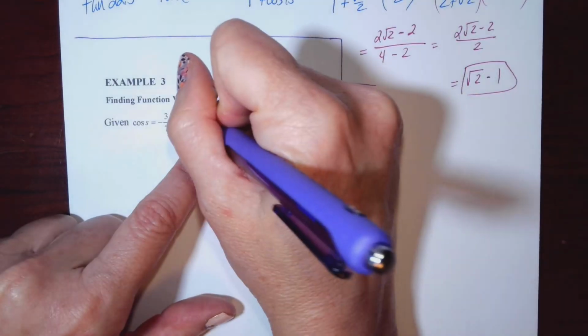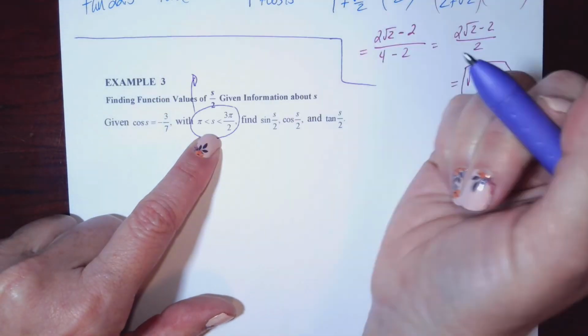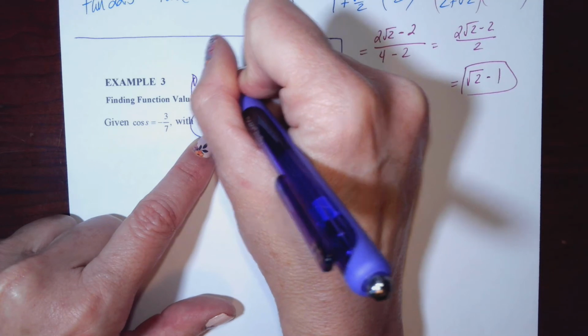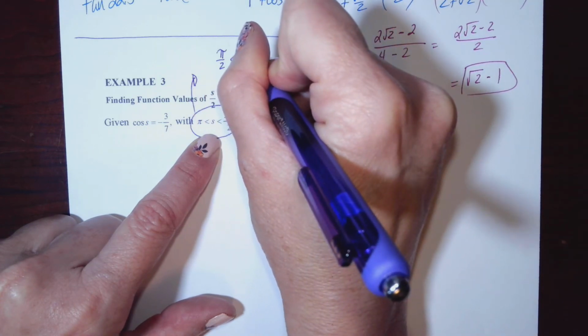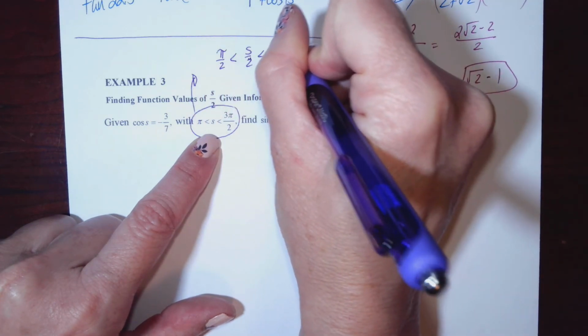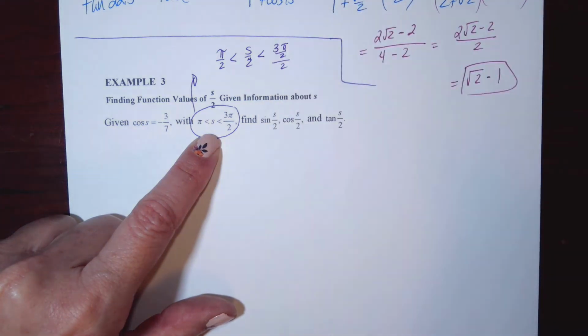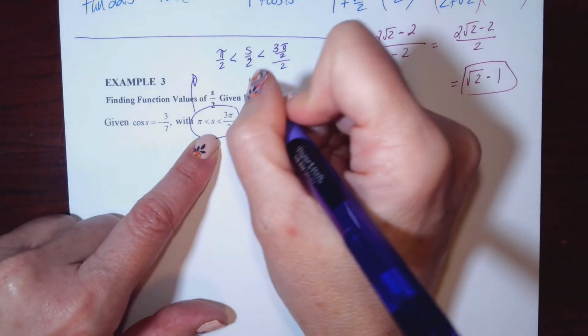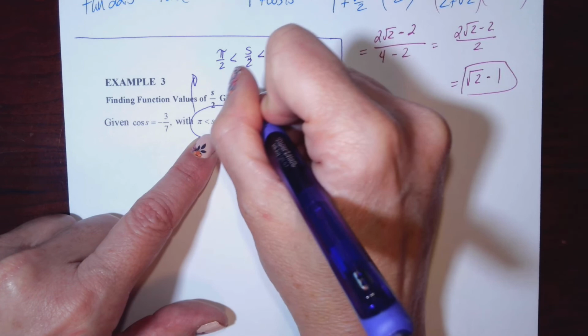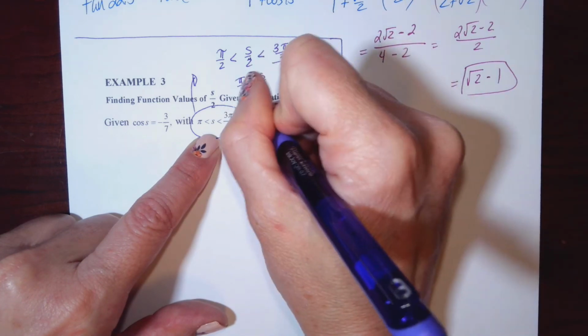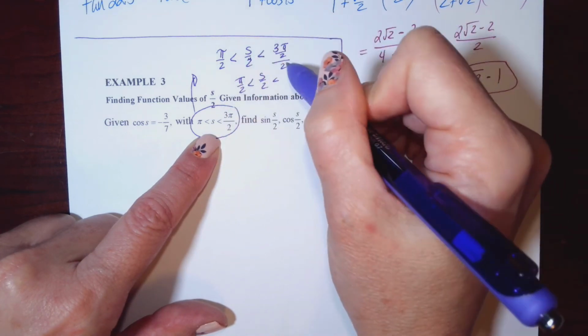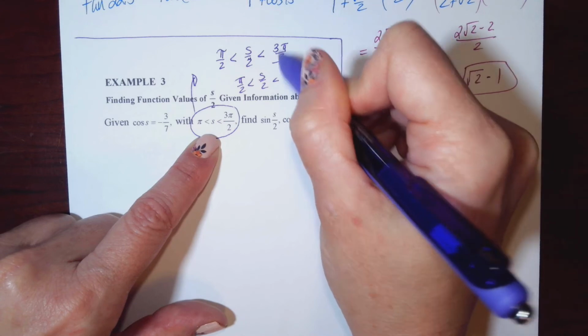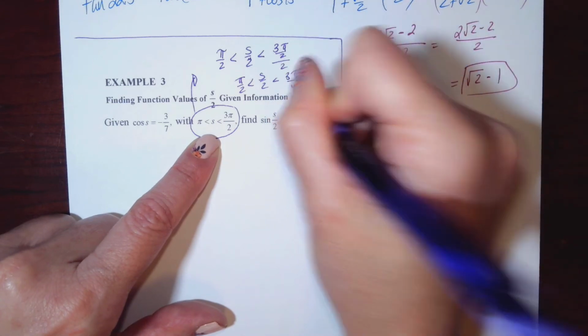So I take this information and I say, okay, if I find the quadrant of the half angle, I'm dividing everything by 2. My half angle is going to be between pi half and 3 pi over 2 divided by 2, which is times a half, so that would be 3 pi fourths.